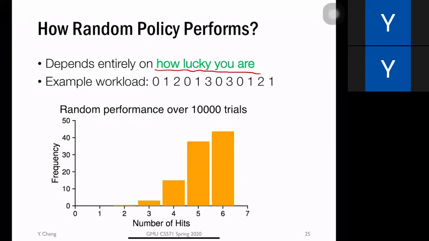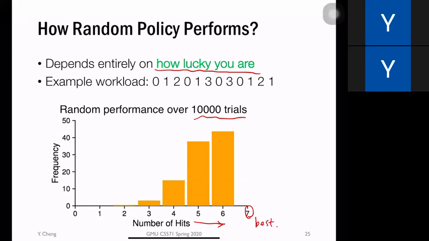So this is random performance over 10,000 trials, 10,000 runs of the same random policy. As you can see, towards the right-hand side, you tend to have better performance. Over here, 7 is the best.